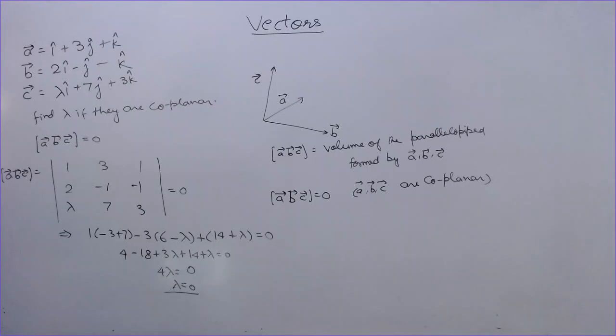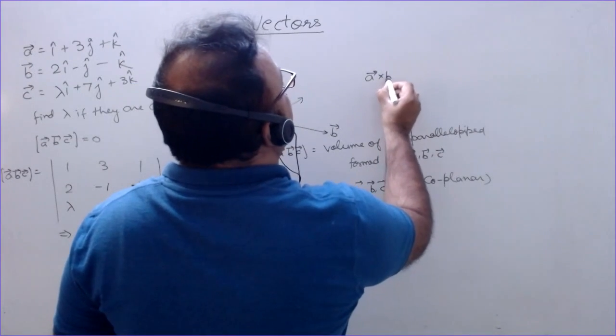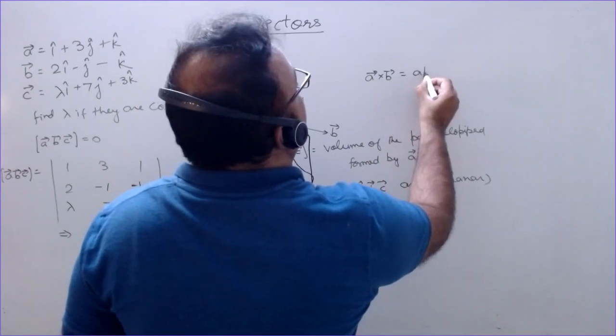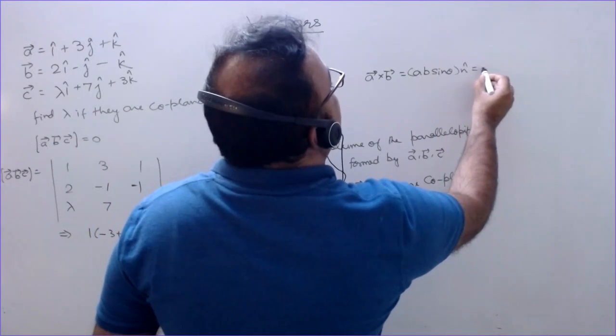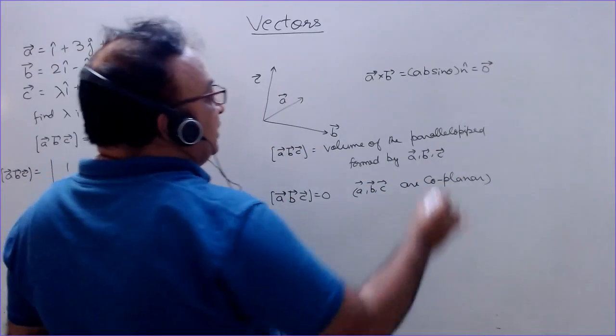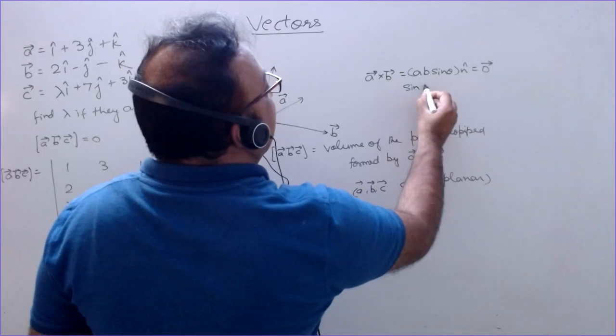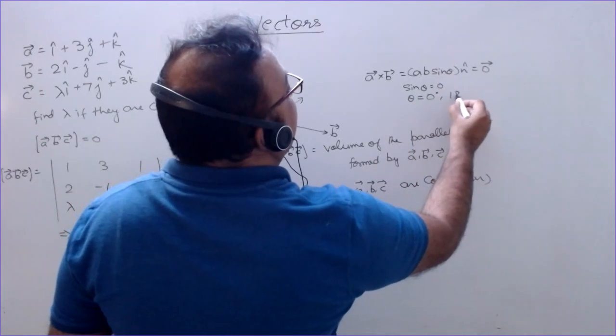So this is about the cross product and dot product of the vectors. If you have A cross B equal to AB sine theta equal to 0, you will write it like this: null vector. It means that sine theta is 0. So theta is either 0 or 180.